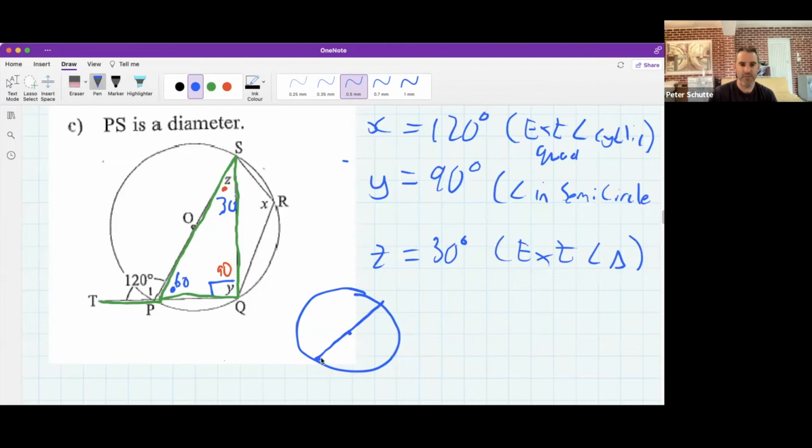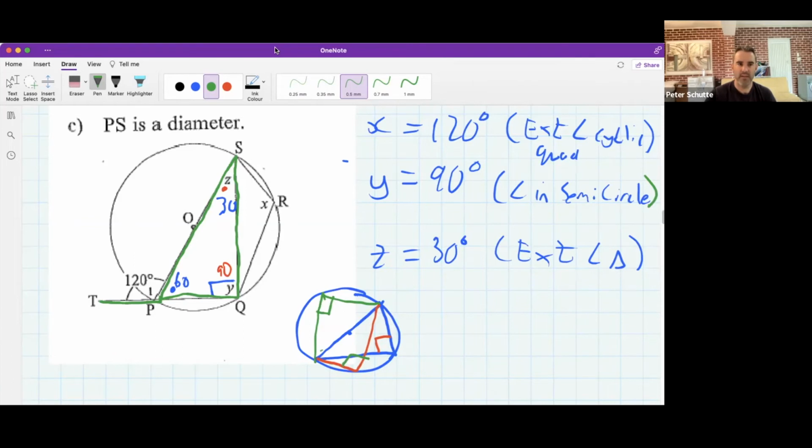If the diameter subtends an angle, that's the fancy word for forming an angle on something, and it's based on the diameter and it forms at the circumference, this is going to be 90 degrees always. So if the angle had been formed there, or here, that would also be 90. We call that angle in a semicircle.